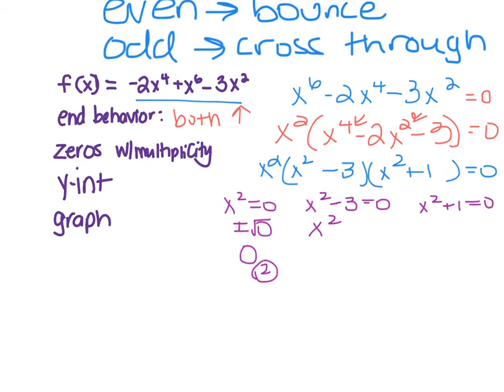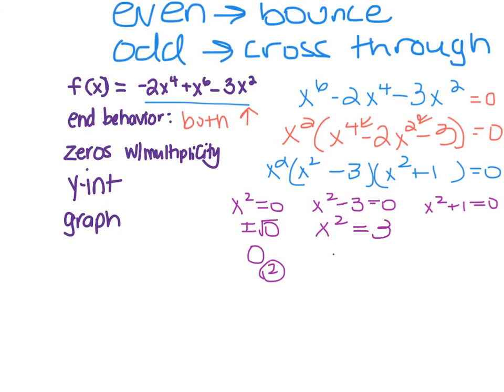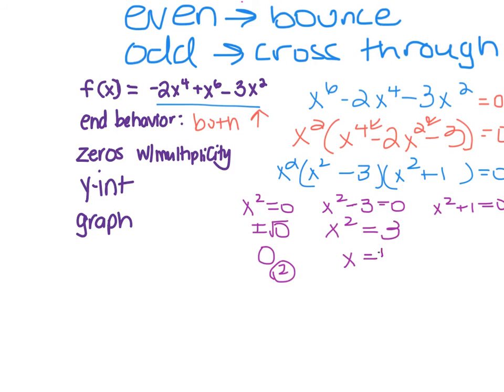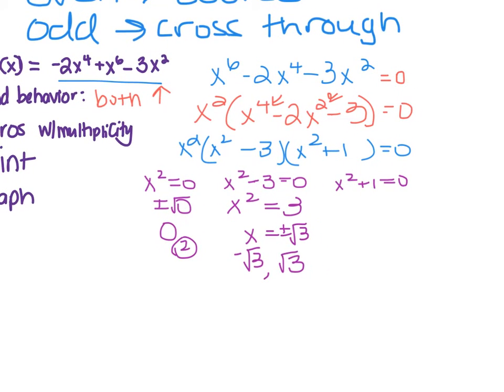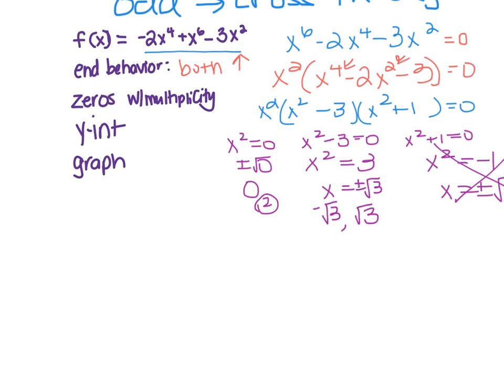The second gives x squared equals 3, so x equals plus or minus the square root of 3, each with multiplicity 1. The last one, x squared equals negative 1, gives the square root of a negative number, so that's not a real root. So my zeros are 0 with a multiplicity of 2, negative root 3, and positive root 3.